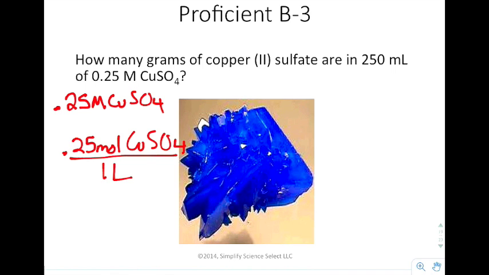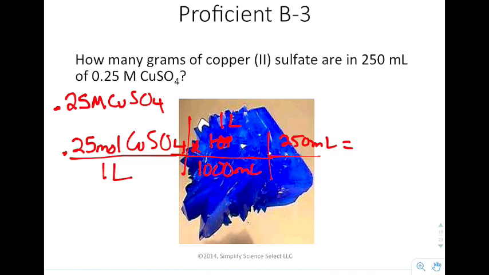Now, I don't have a liter of solution, so I don't have 0.25 moles. Instead, what I do is I go ahead and multiply it by the volume that I do have, which is 250 mils. Now, I don't have liters here, so I've got to convert first. I would say 1 liter is equal to 1,000 mils, and then I would say 250 mils, and that would now give me my number of moles.